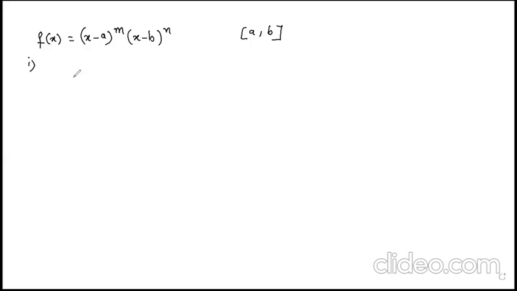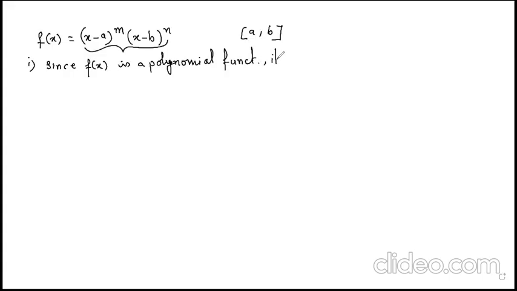And as we can see, the f(x) which is given to you is a polynomial function. Since f(x) is a polynomial function, it is continuous, obviously, on the closed interval AB.